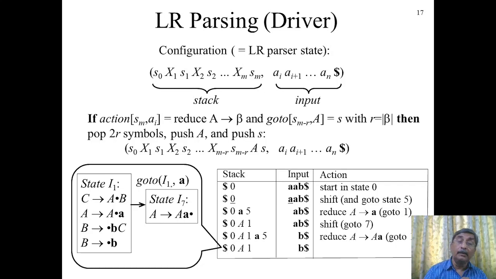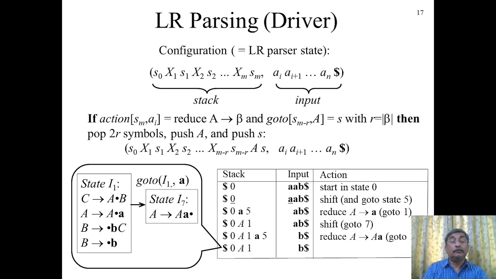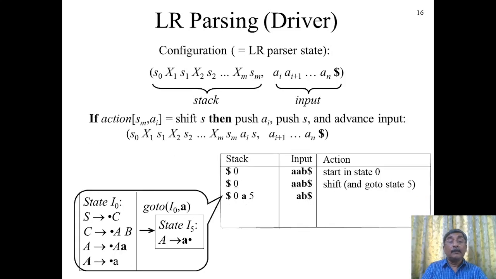And how do I get this one? I get this one because I know from the state number I0 using capital A, I reach state number I1, which is 1. That I have already shown you while running my algorithm. So that is the reduction.